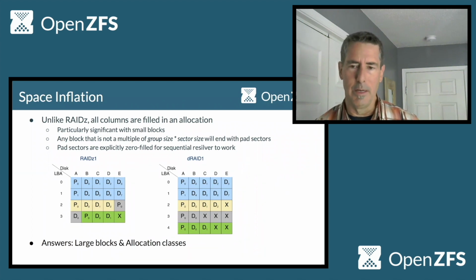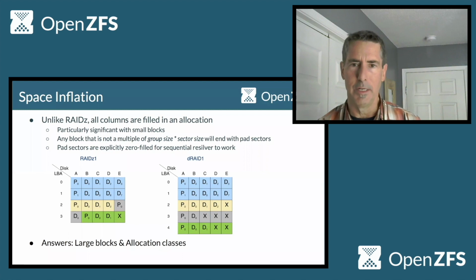So we at Cray tend to write 1 meg, 2 meg, up to 16 meg. We usually use the large blocks all the time, and so even if our blocks aren't divided evenly into our group width, the overheads are minimal for us, and so that helps.